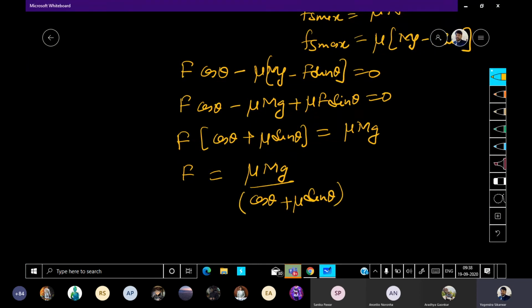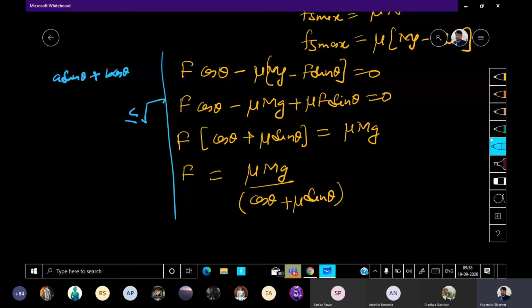Now if you remember from our discussion earlier, we have done one discussion that the value of a sin theta plus b cos theta lies between minus under root of a square plus b square and plus under root of a square plus b square.